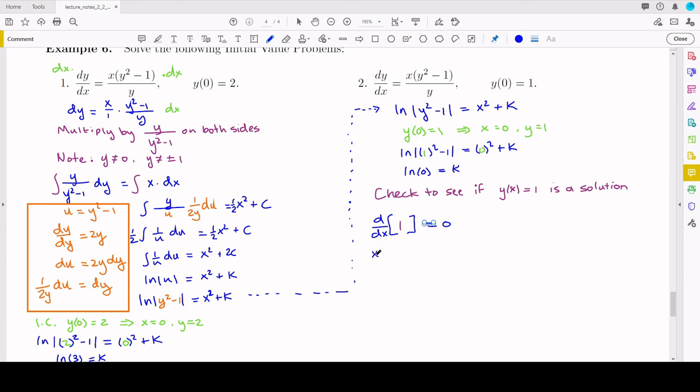And now on the other side we have to multiply x times y squared, which will be 1 minus 1, and then over 1. And you can see that that gives us 0 as well, right? 1 squared minus 1 gives us 0, and then we multiply that by x. So because these are equal, y of x equals 1 is indeed a solution.